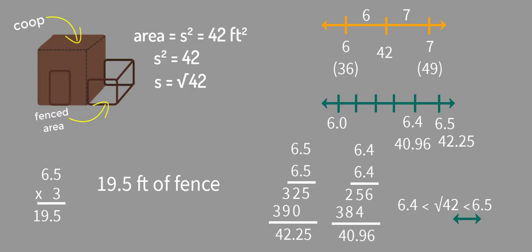If you're curious, we know that the square root of 42 is approximately 6.48074069, and it just goes on. And you can see with that, if we multiply this out to the nearest half foot, we would still get 19.5 feet of fence for the 3 sides of the area that's fenced in for the chickens.